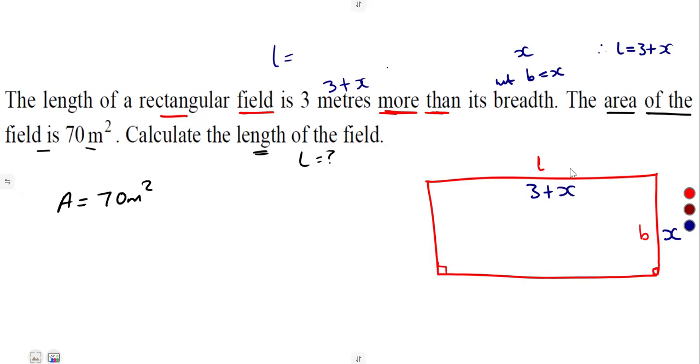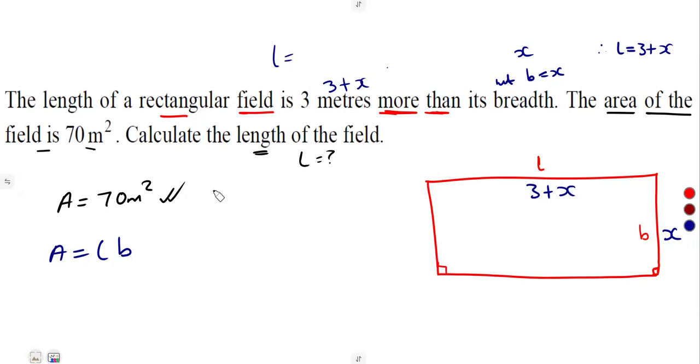We are not given any equation so far, but we can form one from what you're given. We understand that the area is length times breadth, length times width.